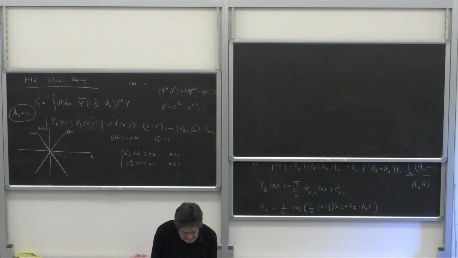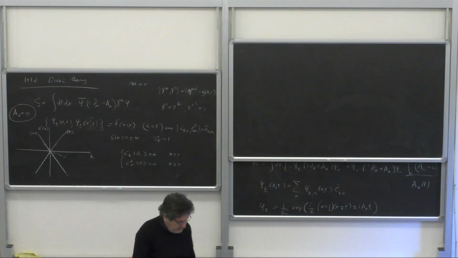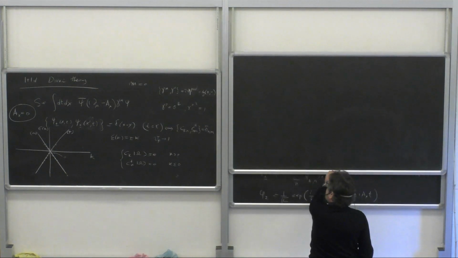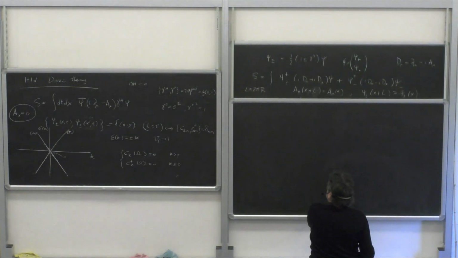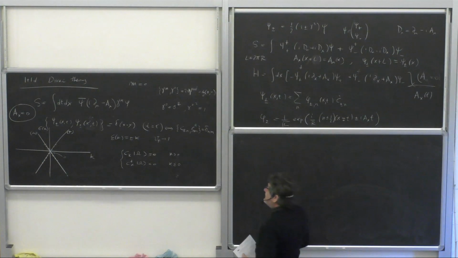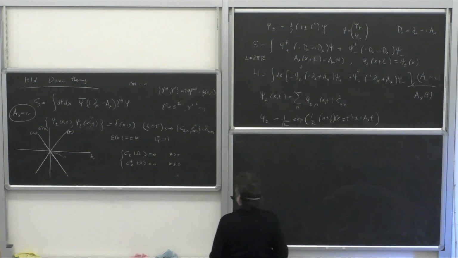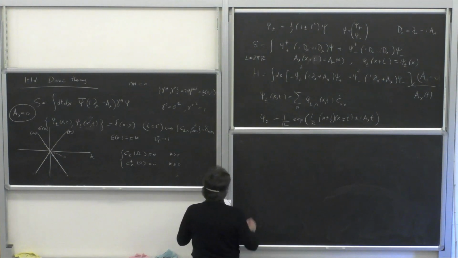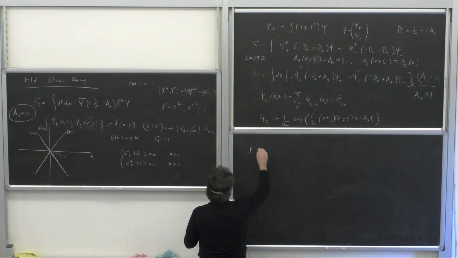Now we are going to define the currents. So what is the current? Well, from the classical picture, you know that the currents, let me define the moments of the current, are bilinear.